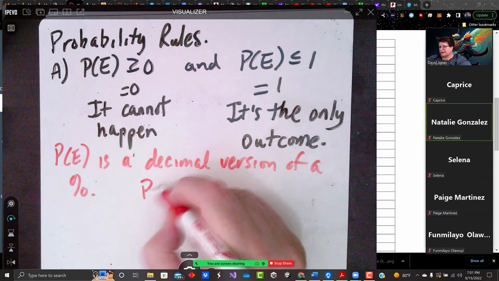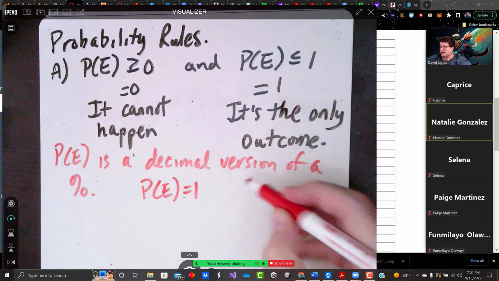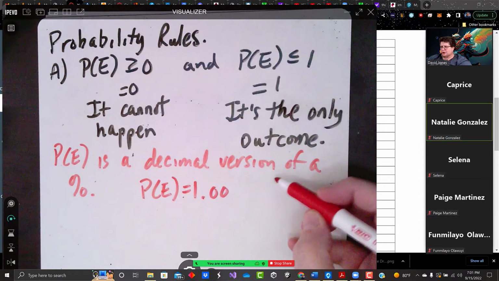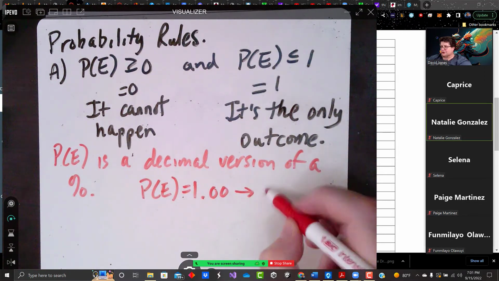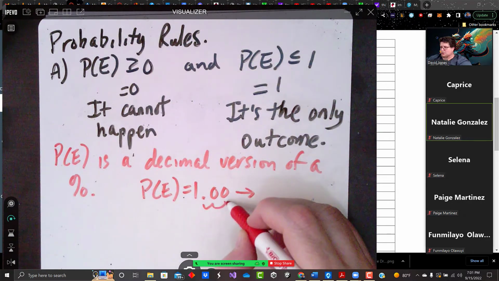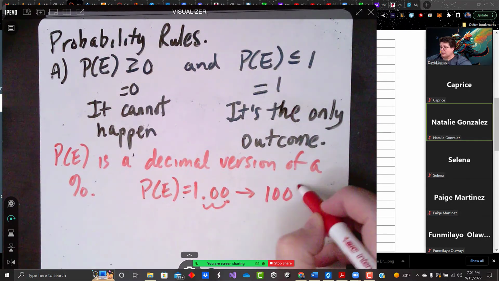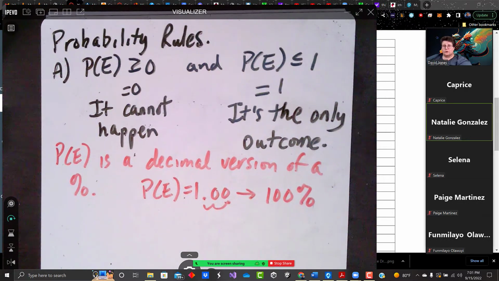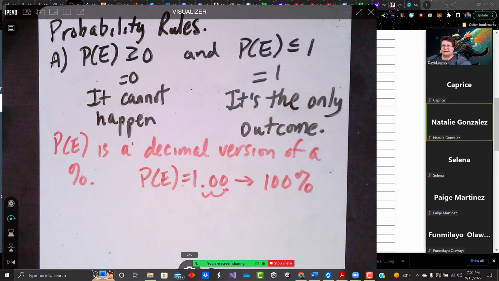So a probability equal to 1, that's 1.00. If I write it as a percentage, I move the decimal right twice and I get 100. If it equals 1, there is a 100% chance the event will happen, which means there's no other possible outcome.